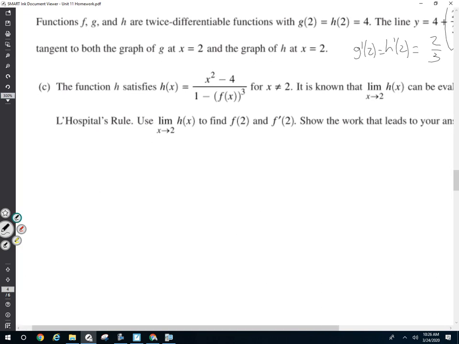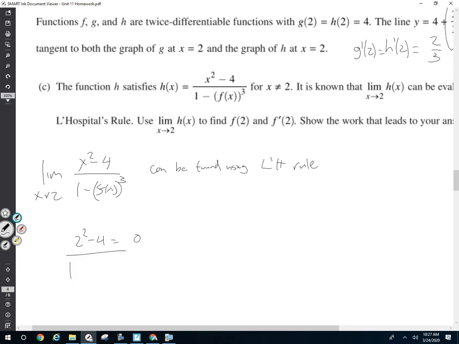Here's your key. We are told that the limit as x approaches 2 of this can be found using L'Hopital's rule. Well, that means if I plug in 2 squared minus 4, yep, that's 0.